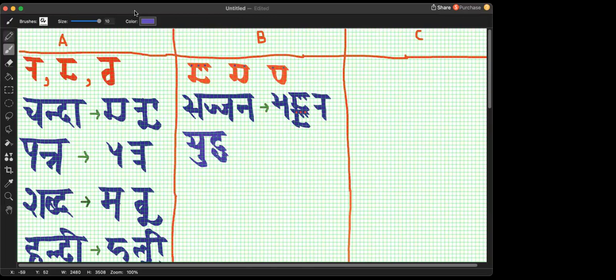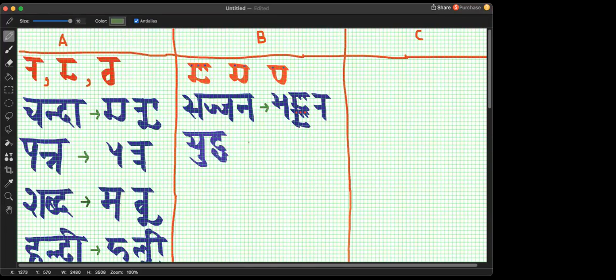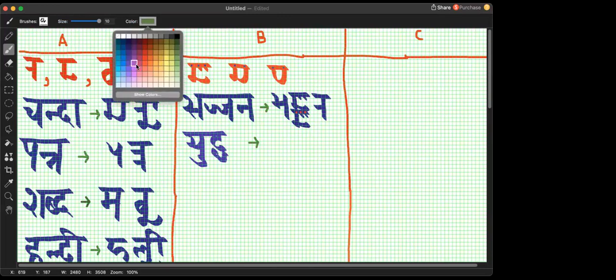If you're writing Yuddha, your first ya will remain as it is.